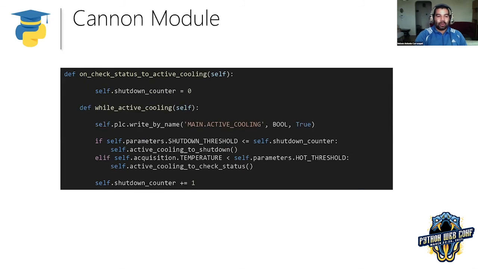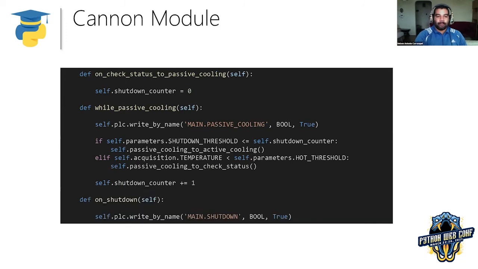Then we have other transitions, other code while we are in a state. For instance, while active cooling, we are turning on the fan and we're checking if the temperature reduced. So we can move back to the check status, or in the other case, we go to shutdown, okay? This is pretty much the same with passive cooling. And finally, we have the shutdown.